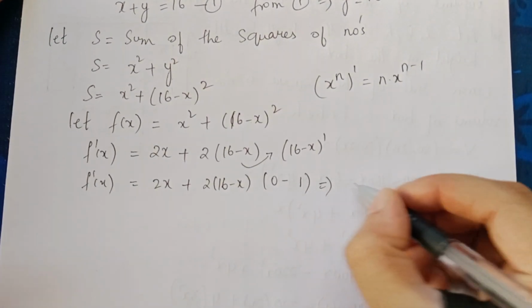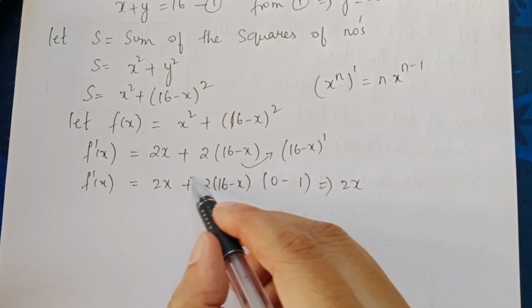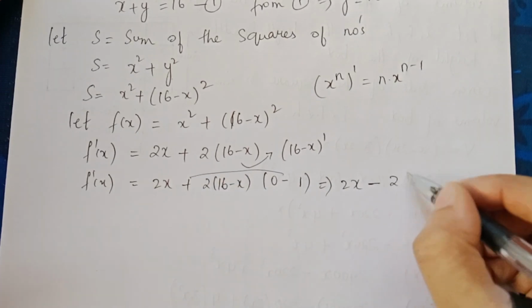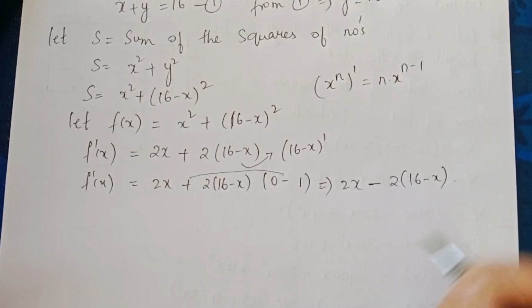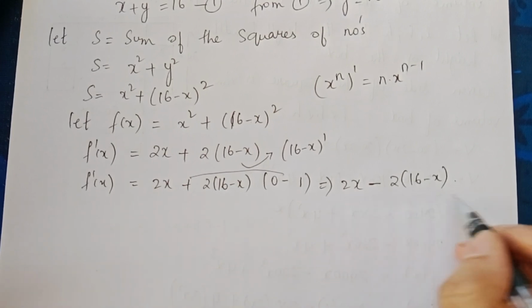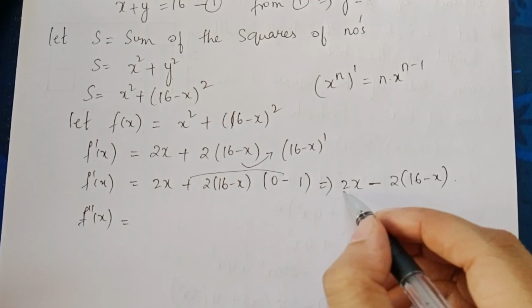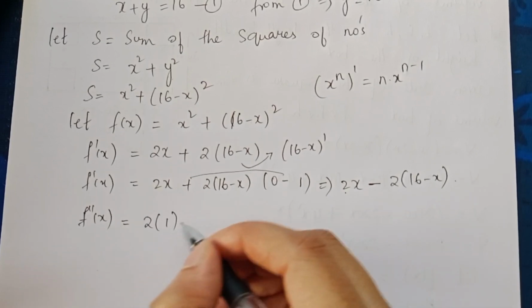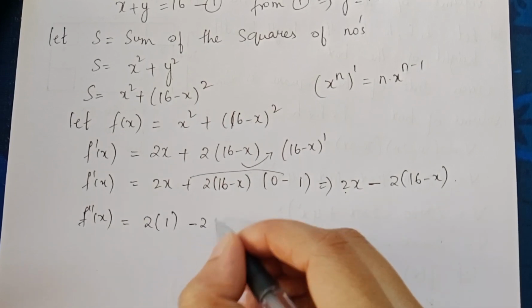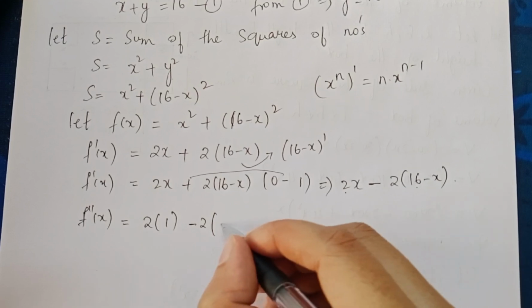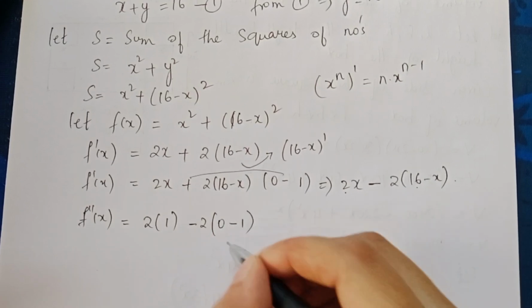So this can be written as 2x, and this is plus into this minus is minus 2 into 16 minus x. Now this function should be differentiated again, so f double dash of x is equal to 2 as it is, x's derivative is 1, minus 2 into 16 is a constant, the constant's derivative is 0, minus x's derivative is 1.